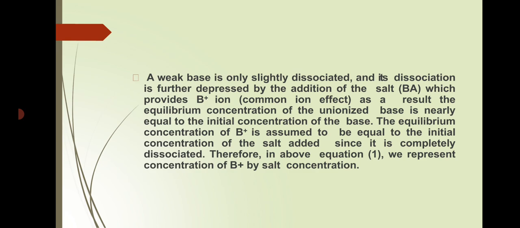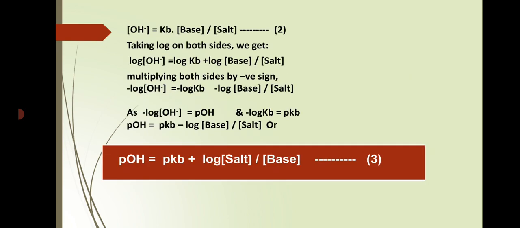The equilibrium concentration of B+ ion is assumed to be equal to the initial concentration of the salt added, since it is completely dissociated. Therefore, in the above equation, we represent concentration of B+ ion by the salt concentration. Now, concentration of OH- ion is equal to Kb into concentration of base divided by concentration of salt.